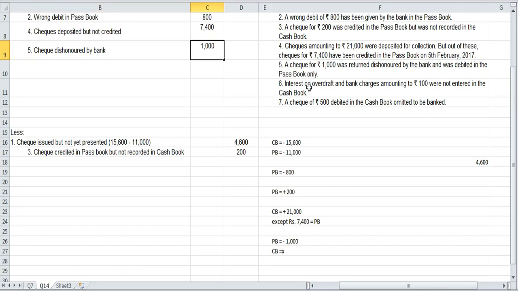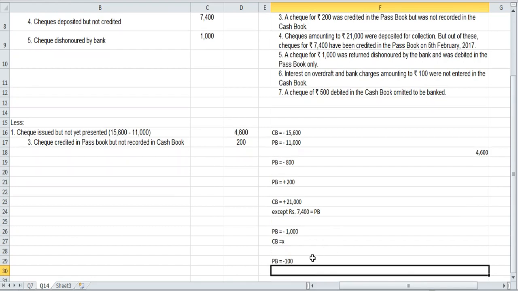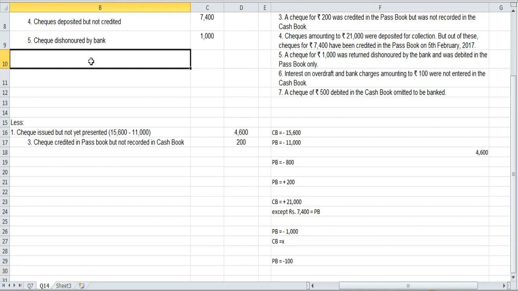Next, number 6. Interest on overdraft and bank charges amounting 100 were not entered in the cash book. So there were some expenses. You had taken some overdraft, and so you have to pay money on the overdraft and some bank charges. The passbook has deducted 100 rupees as charges, but you have not recorded it in the cash book. So this will again be added to match with the cash book.